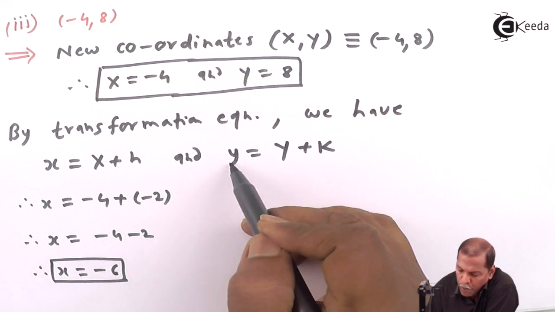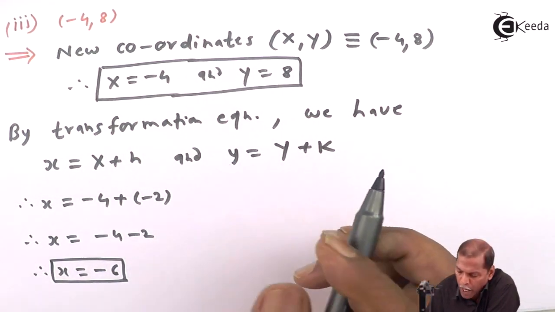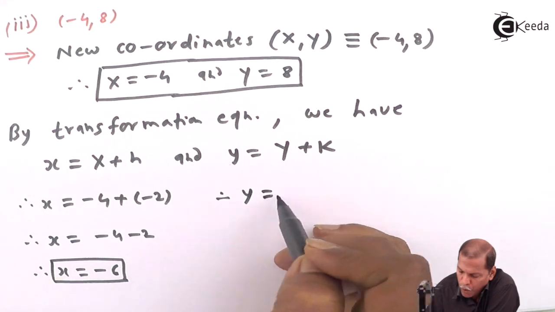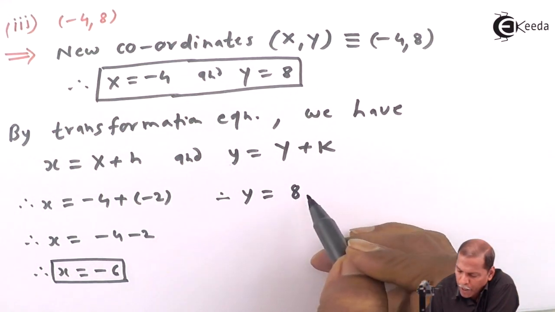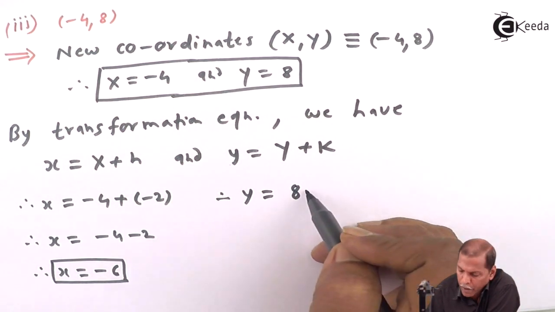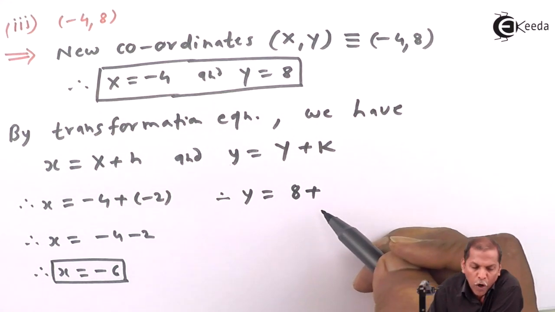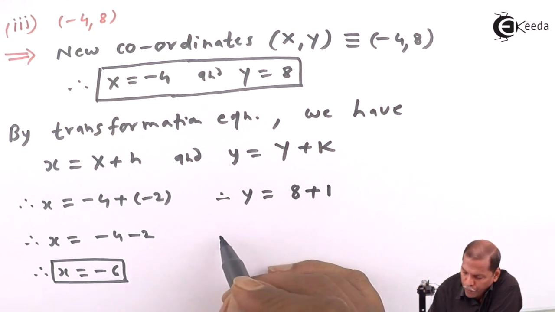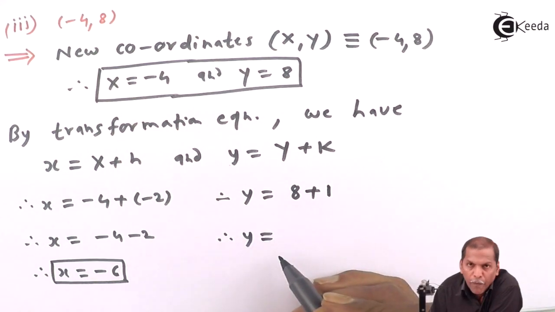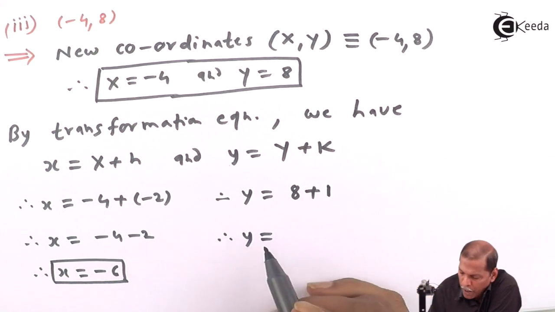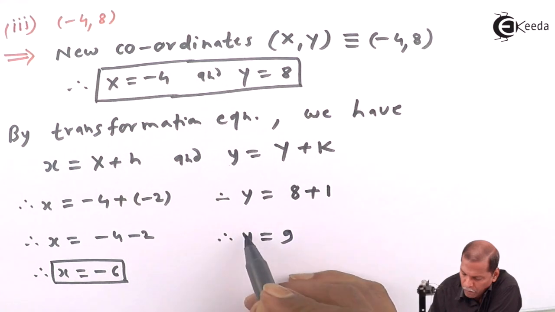On the same line, small y is equal to capital Y plus K. Therefore, small y is equal to, for capital Y we substitute 8 plus, and for K we substitute 1. On further simplifying, we get small y is equal to 9.